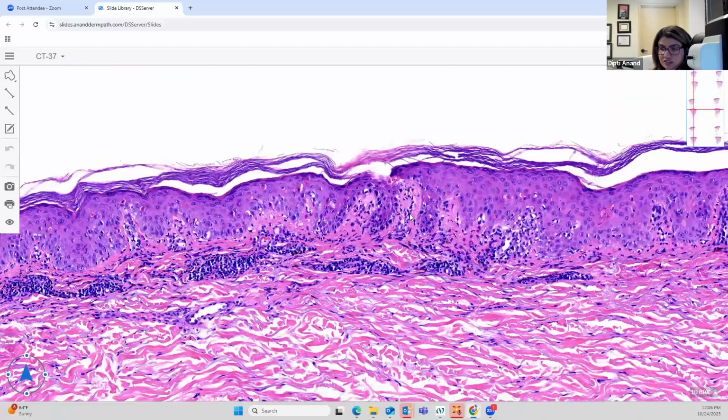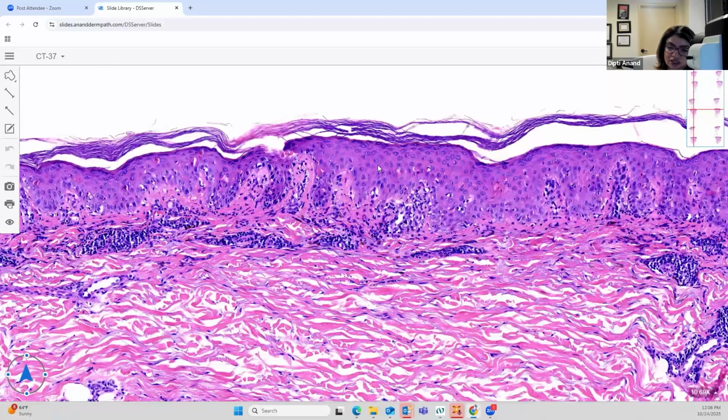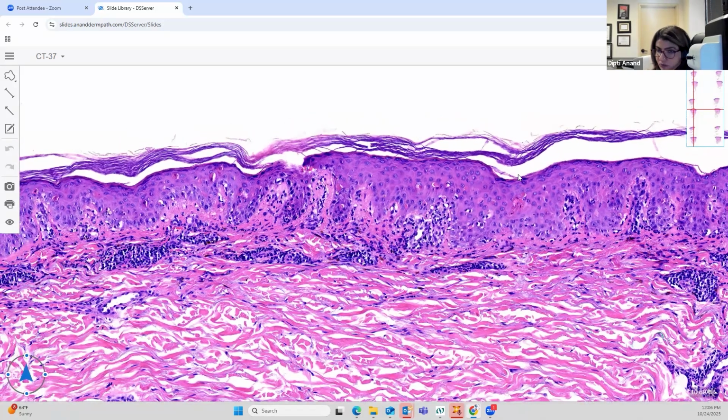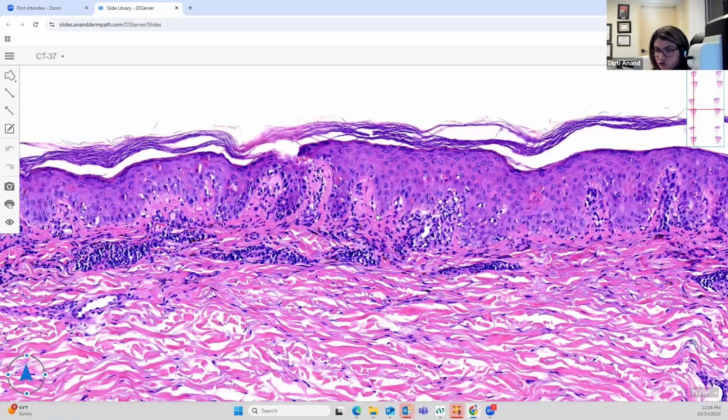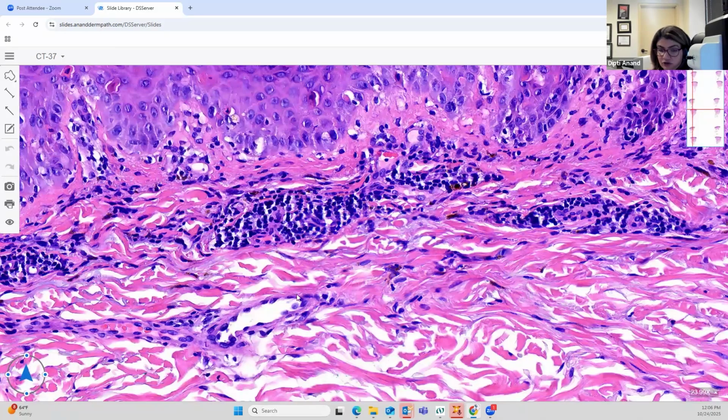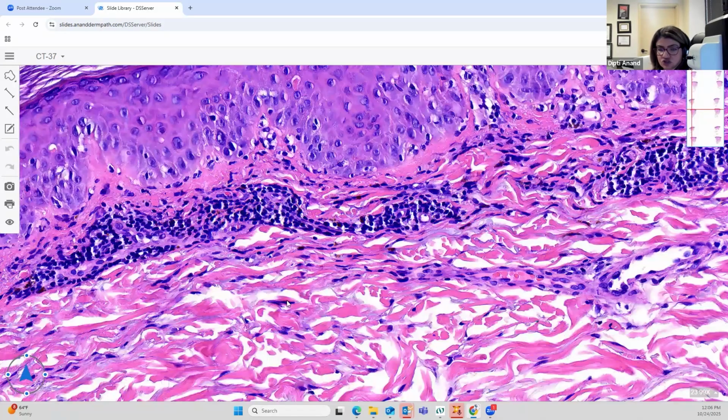As I said last time, you would think about GVHD. This has too much inflammation for GVHD. You would think about EM or fixed drug, and you would think about pityriasis lichenoides. It doesn't have the crust for pityriasis lichenoides. This is an intact stratum corneum. So the two main things would be EM and fixed drug. And because of all the pigment dropout that you see, which is very prominent, we are hinting towards fixed drug over here.